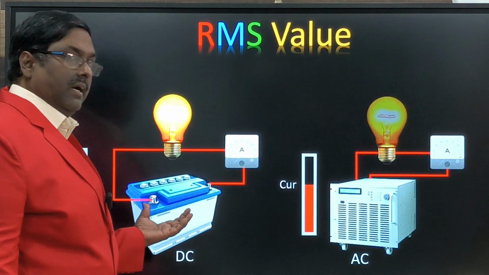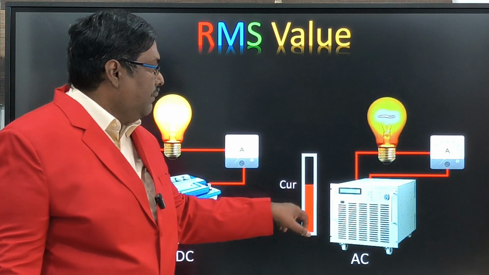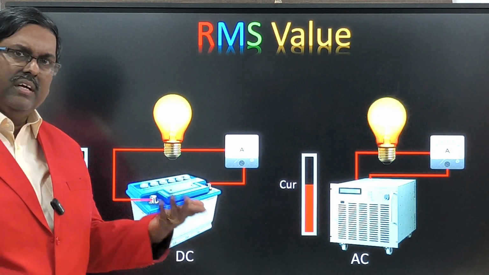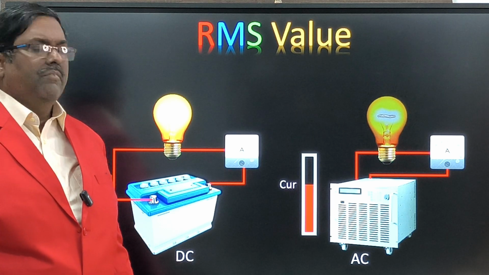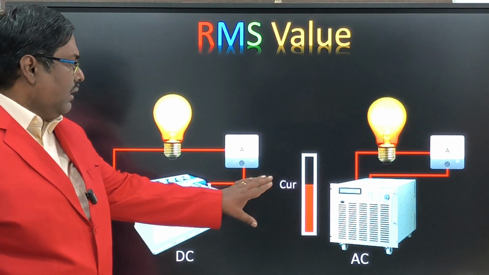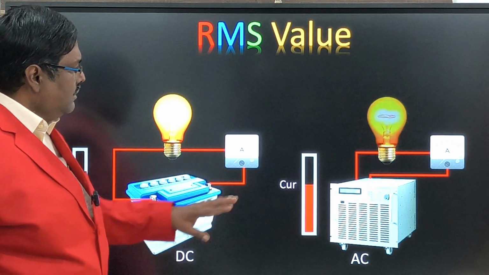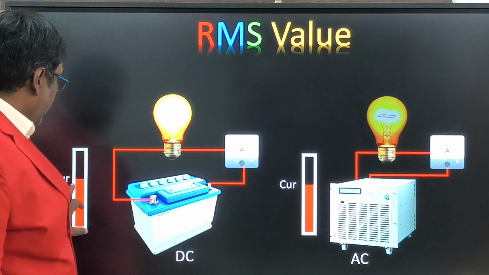Only here we are giving a DC source, and here an AC source. I am taking current; you can take voltage also, it is the same. So don't get confused that we are taking the current. We are giving the same current.